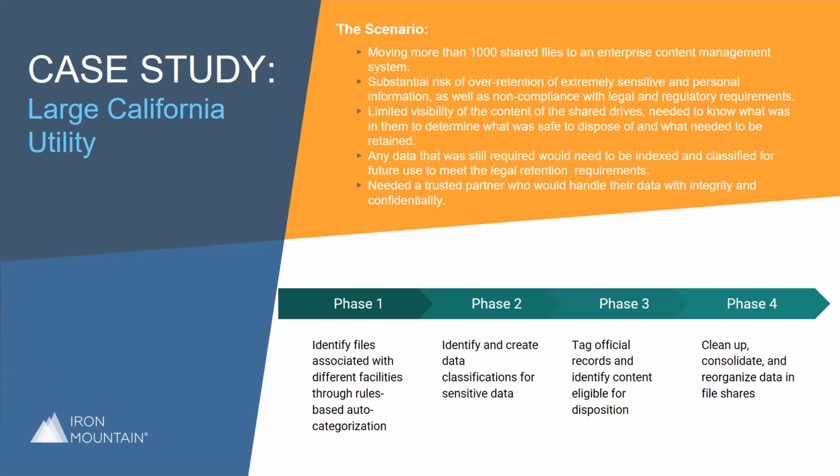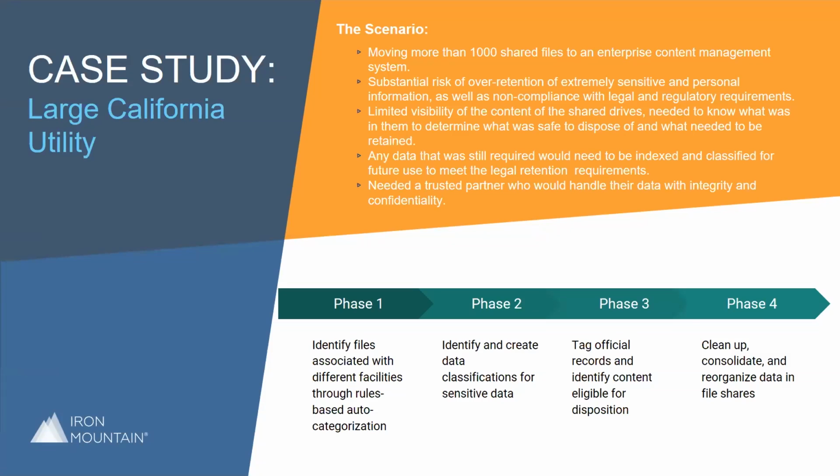They had very little information about what was in those files. So they understood there was a substantial risk for over-retention of information, as well as a lot of redundant, obsolete, or trivial information, and possible non-compliance with legal and regulatory requirements.